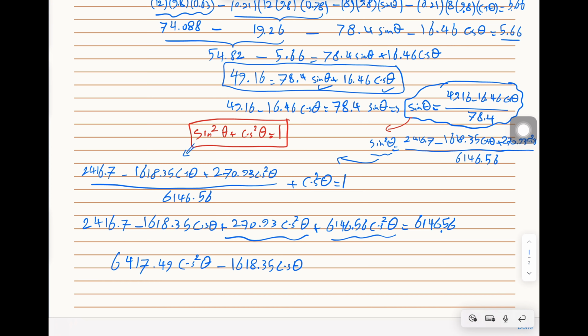And then also I can do these terms simplified, right? So then I can take that to the other side. So it's gonna be 6146.56 minus 2416.7. Then it's gonna be minus 3729.86 equals to 0. That's it.